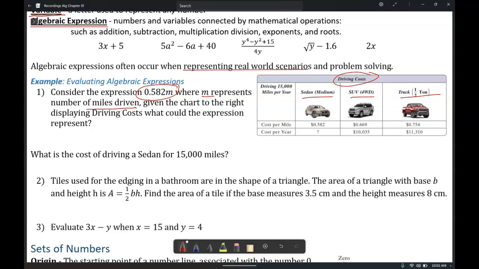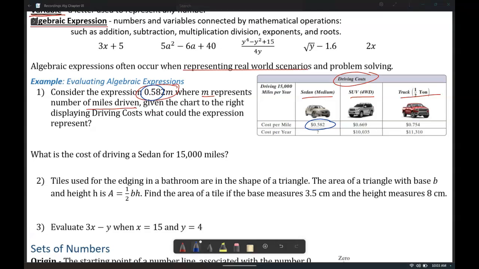Well, what does 0.582 represent? We know that m represents miles, but what we don't know right off without any more context is what 0.582 represents. So we want to look at our chart and see if we have that value anywhere, and we know that it is listed here at 0.582 underneath the sedan.